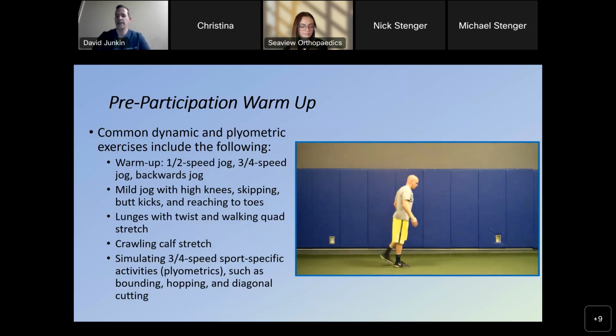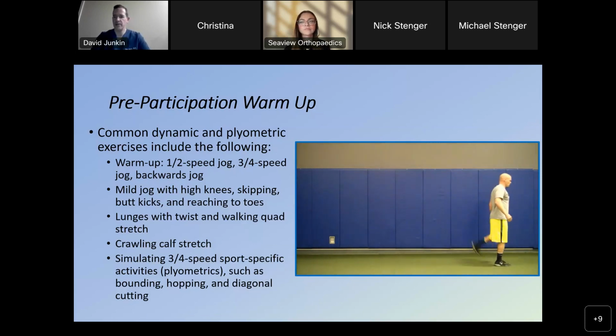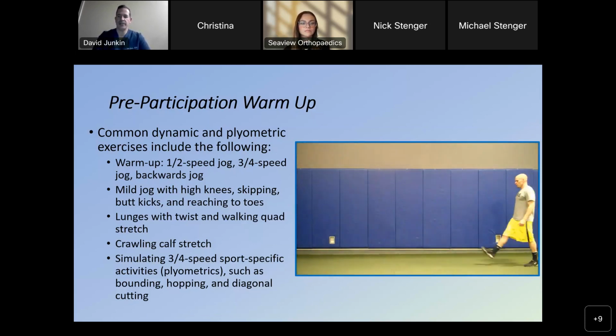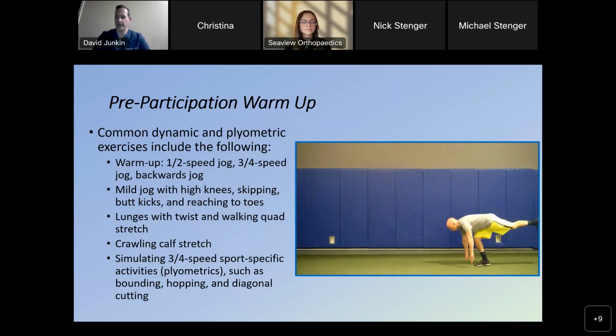I'm seeing that athletic trainers are attuned to this, and many schools have already transitioned to it. If you notice, when you attend any of the sporting events for your children, that they're actually still focusing on the static stretching. That's something to bring up to the trainers. And there's plenty of data out there to show that this dynamic stretching is far more effective in getting the athlete ready for participation, and more importantly, reducing the risk of injury.